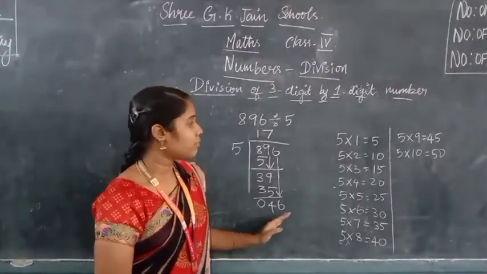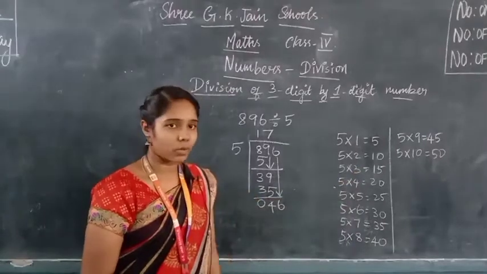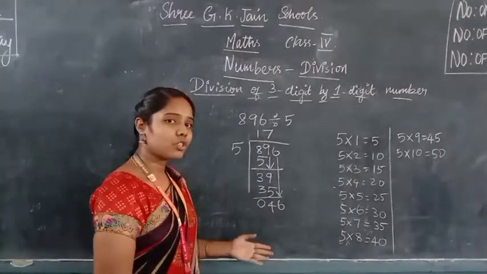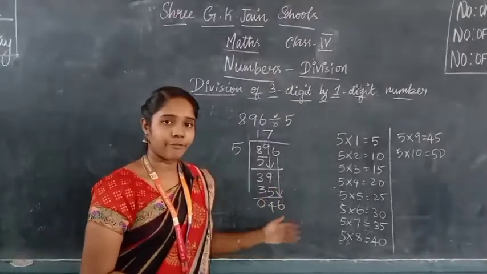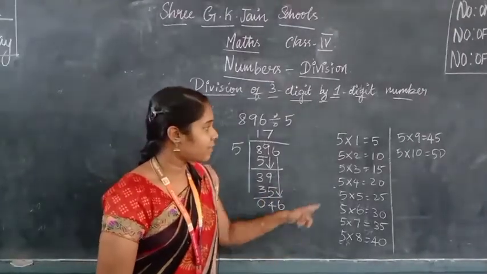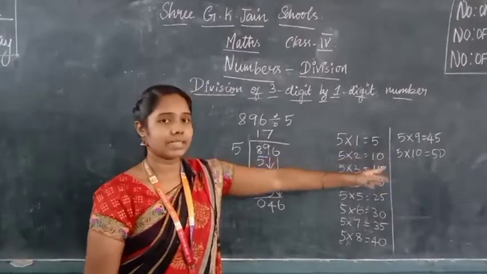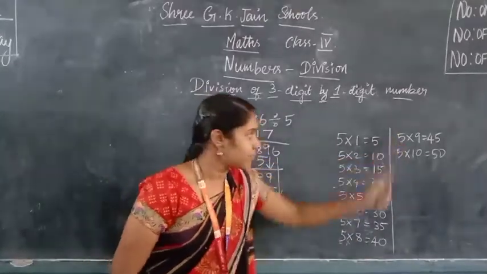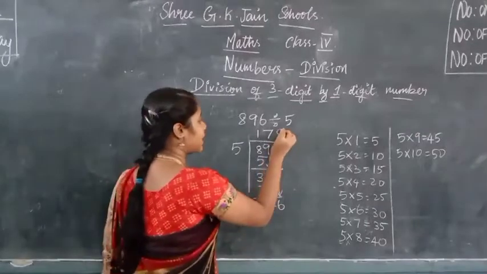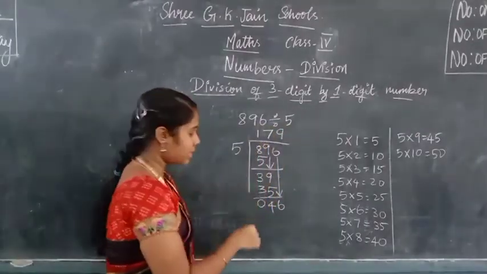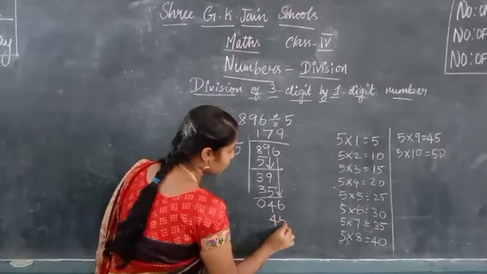No, we don't have 46. So what should we do? We have to see the lesser number than 46. Yes, we have 45. 5 nines are 45. So how many times? 9 times. Put the 9 on the quotient and 45 below 46.